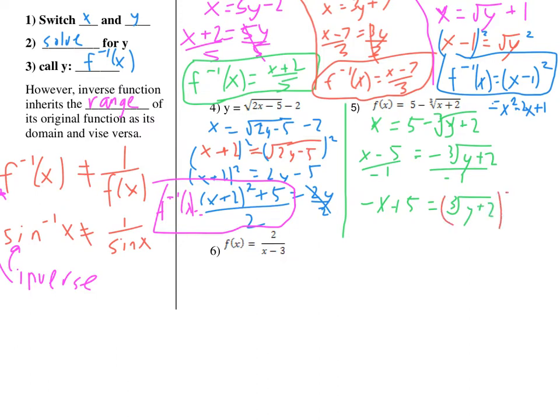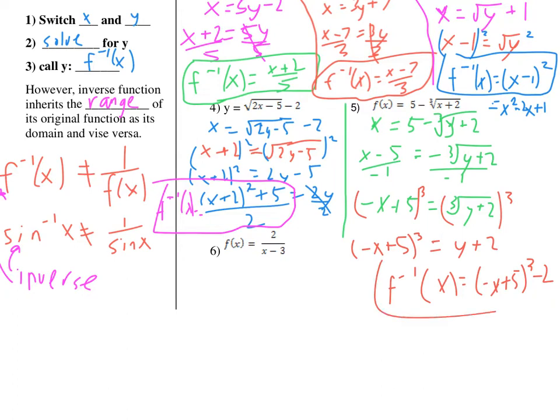And now I'll take both sides to the third power. And so I get y plus 2 equals negative x plus 5 to the third power. And I'll just subtract the 2 over and write my final answer now. F inverse of x equals parentheses negative x plus 5 to the third, minus 2. Remember, once again, we're not allowed to just send that third power in there because of the addition in there.